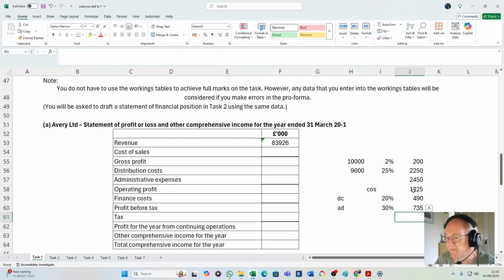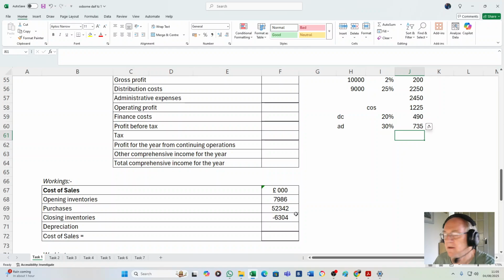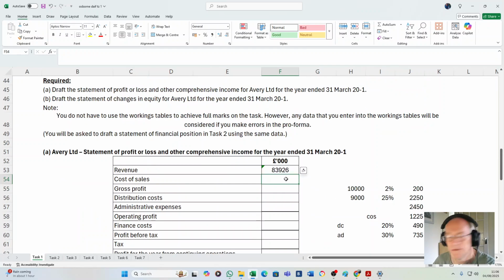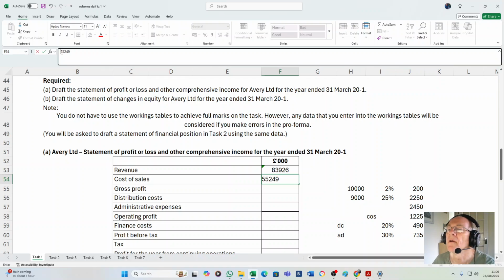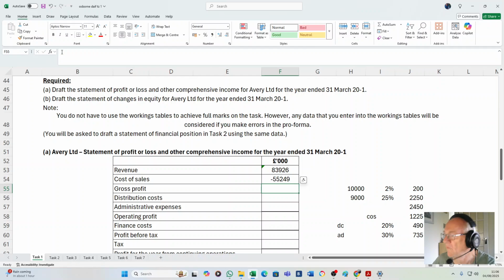Right, so that's the figure that we were interested in first, because we were on our cost of sales. So that was 1225. Cost of sales then, all marks, 55249. We'll need a minus symbol, so we've got our gross profit. That didn't work very well.